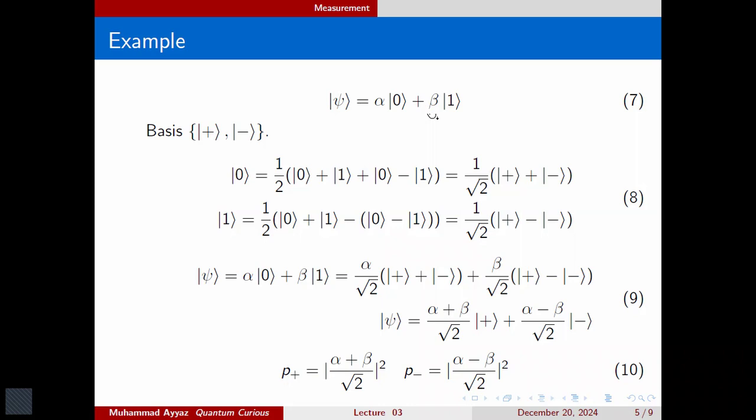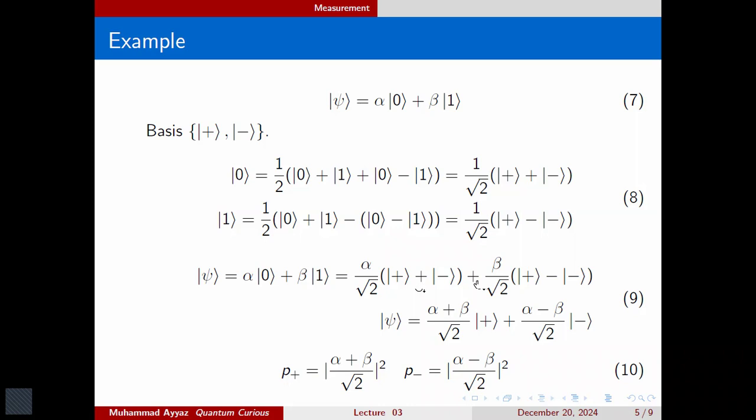So we write the 0 state and the 1 state in terms of plus and minus, and plug those values into equation 7. After rearranging the coefficients of plus and minus, we see that psi takes the form in terms of plus and minus in equation 9.